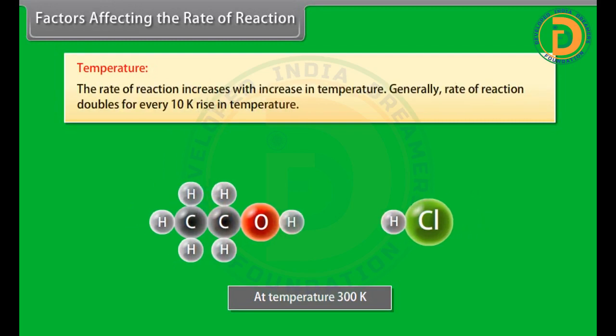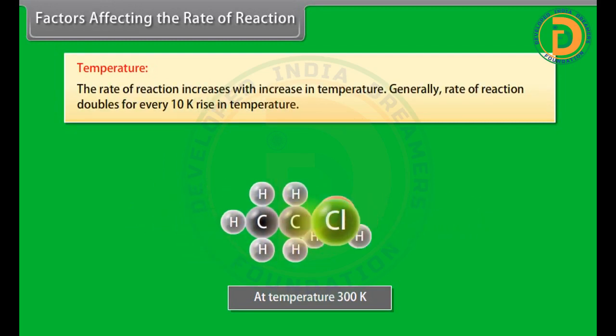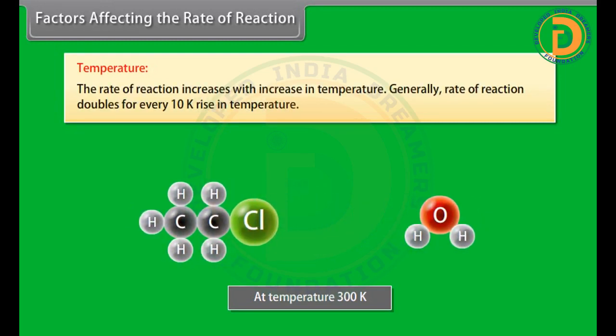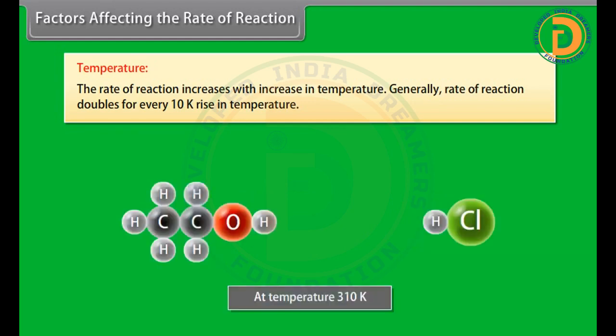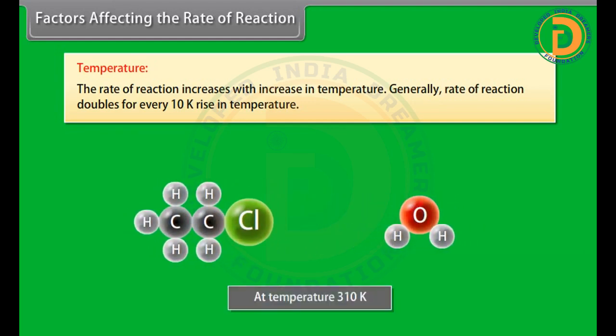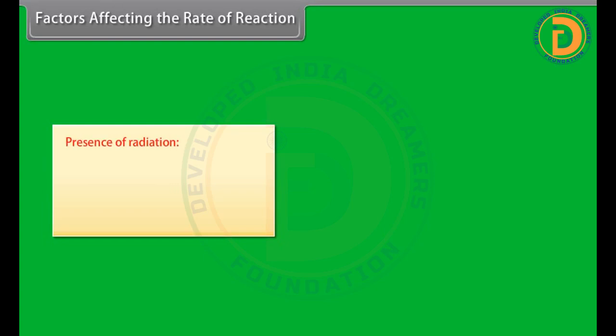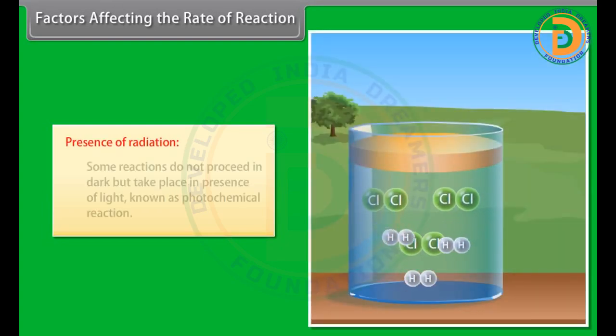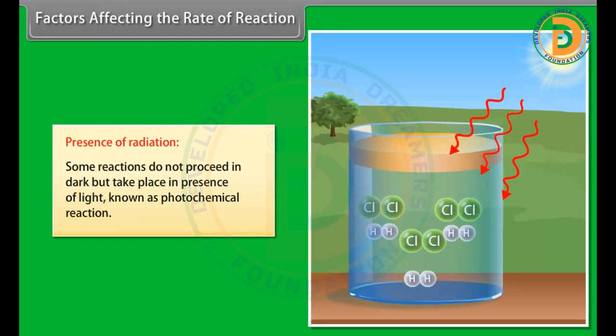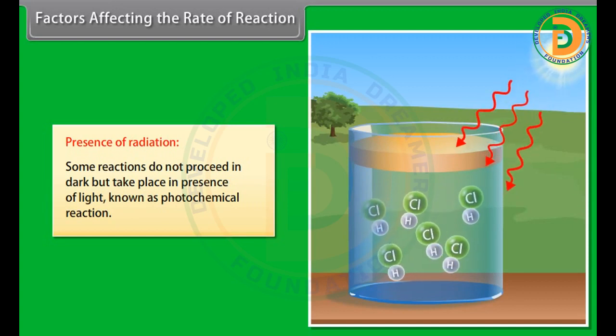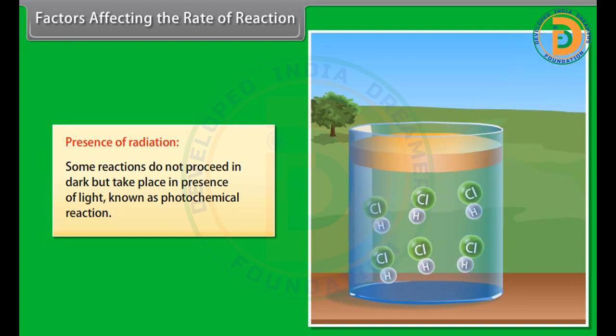Temperature: the rate of a reaction increases with an increase in temperature. Generally, the rate of a reaction doubles for every 10 Kelvin rise in temperature. Presence of radiation: some reactions do not proceed in the dark but take place in the presence of light, known as photochemical reactions.